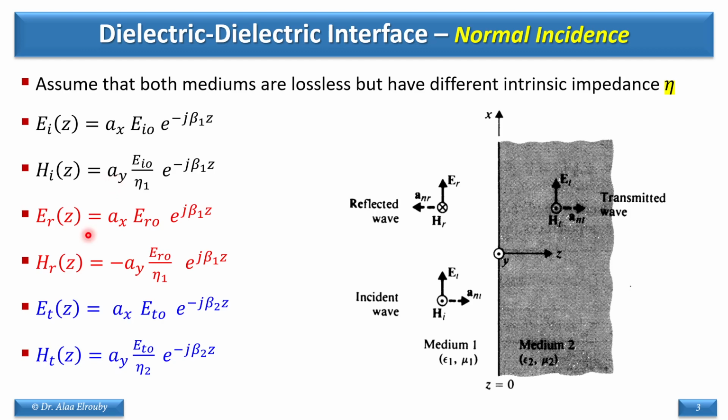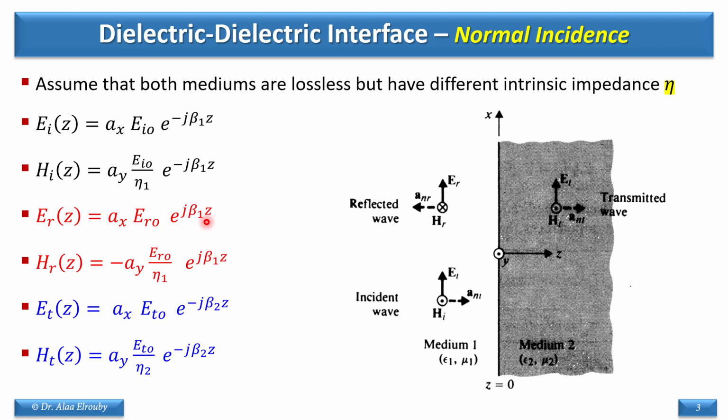Second wave is the reflected wave. It is propagating in the negative Z direction. It has a certain value for the magnitude, and the direction of its electric field is AX. Finding the reflected magnetic field, it would be in the negative AY. We are just applying the orthogonality between E, H and the direction of propagation.